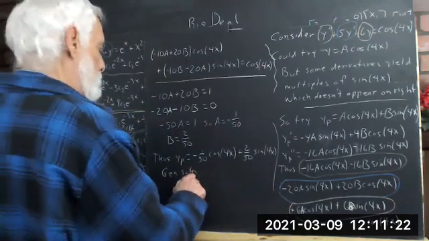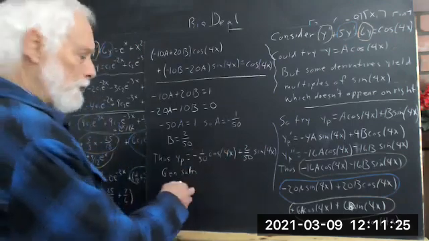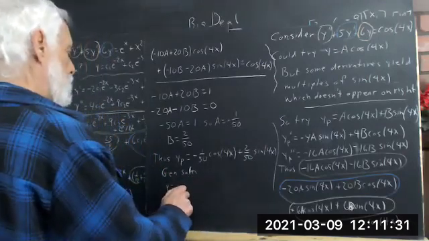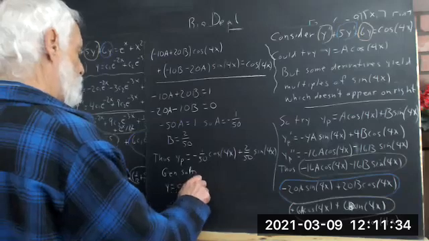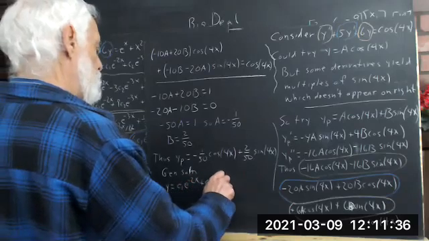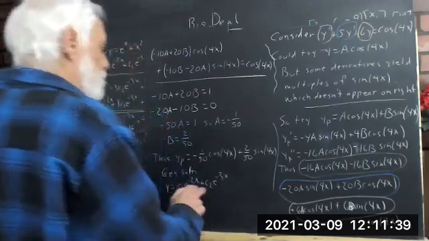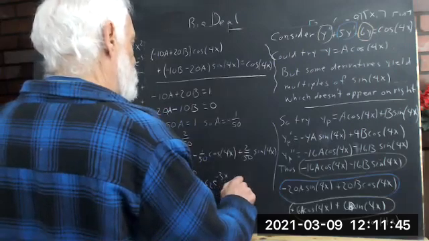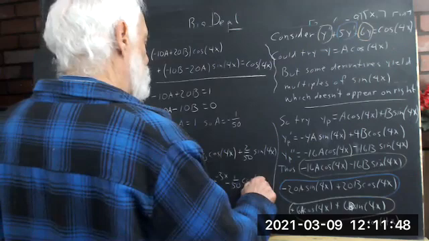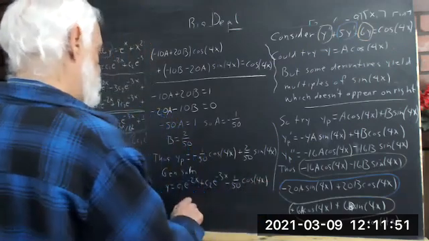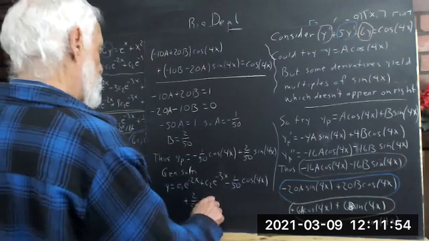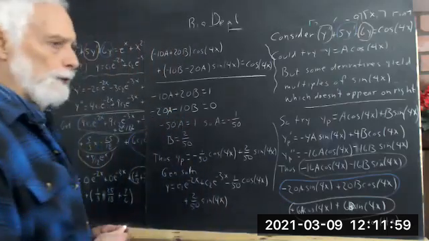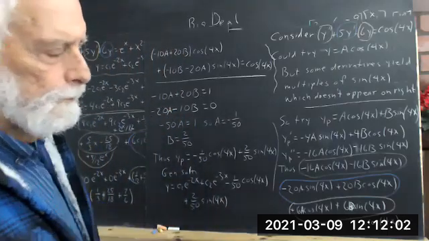General solution: C1 e to the negative 2x, C2 e to the negative 3x, minus 1/50th cosine of 4x plus 2/50th sine of 4x.